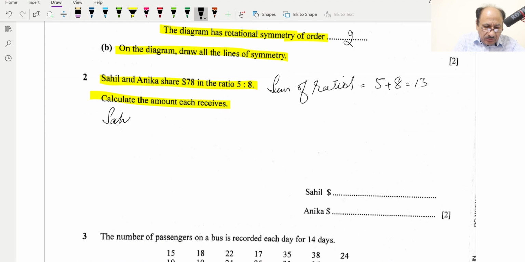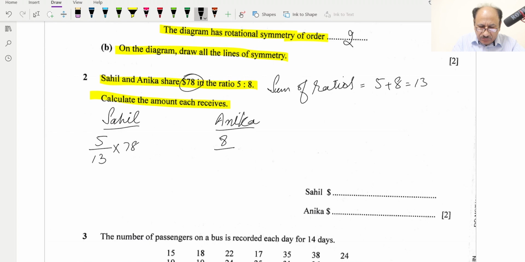Sahil is one person and the other one is Anika. Sahil's share is 5, so 5 divided by the sum of ratios, 13, multiplied by the amount to be divided, which is 78. Similarly, Anika has 8 shares, so 8 divided by 13, multiplied by 78.